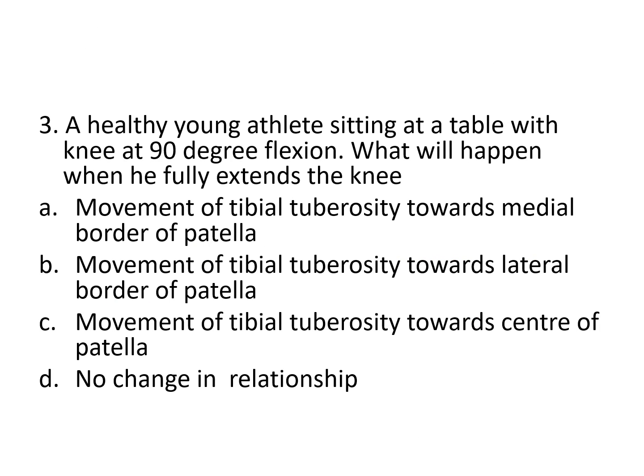Now we will discuss the next question, that is, a healthy young athlete sitting on a table with the knee at 90-degree flexion. What will happen when the knee is fully extended? So you have to imagine an athlete sitting on a table and extending the knee joint.